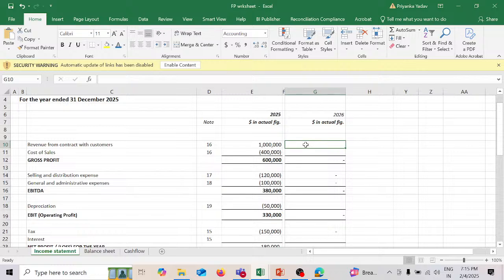Now similarly we'll calculate the figures for next year, 2026.